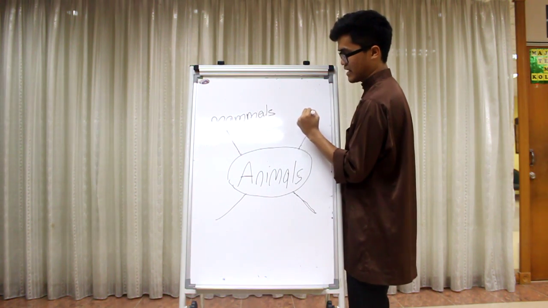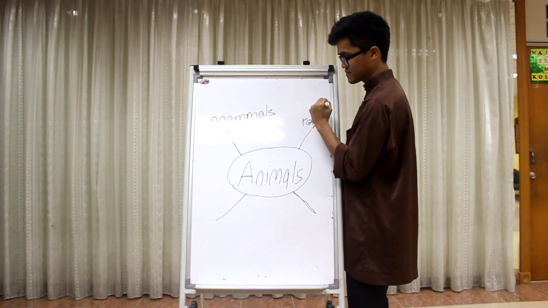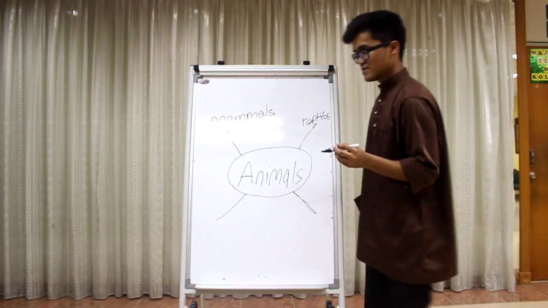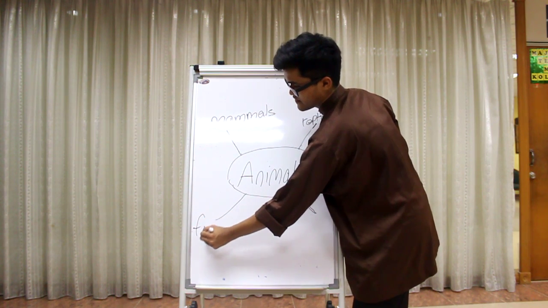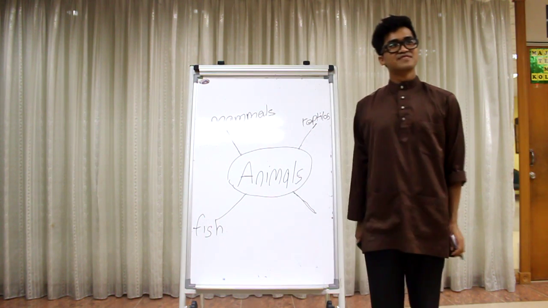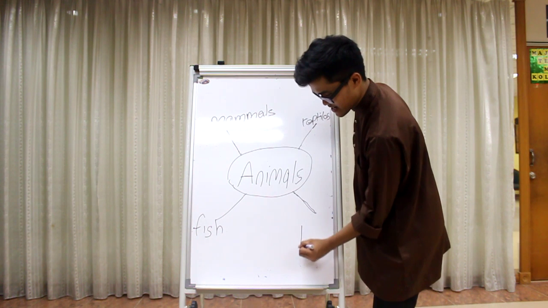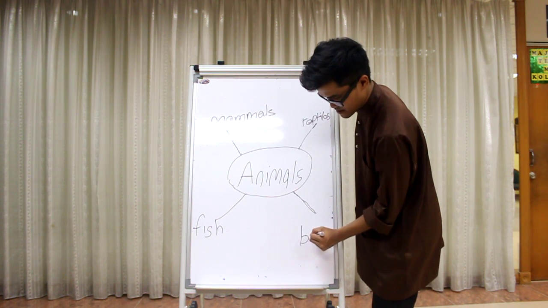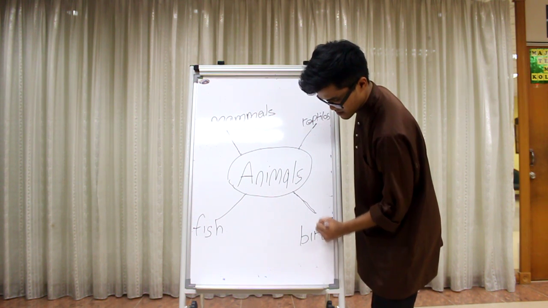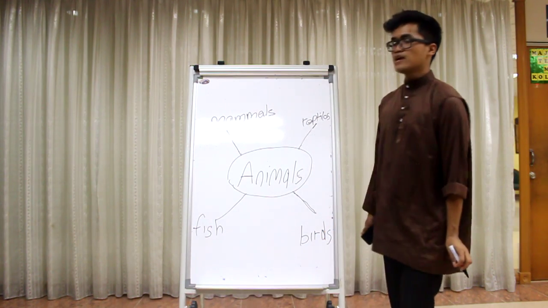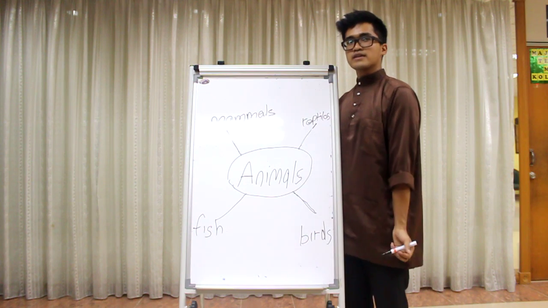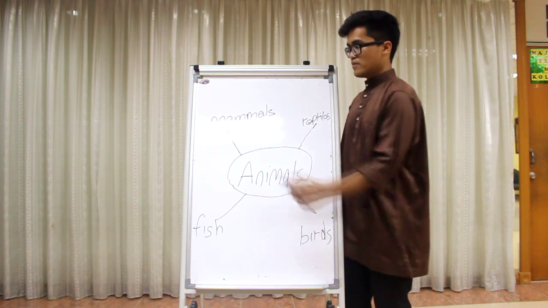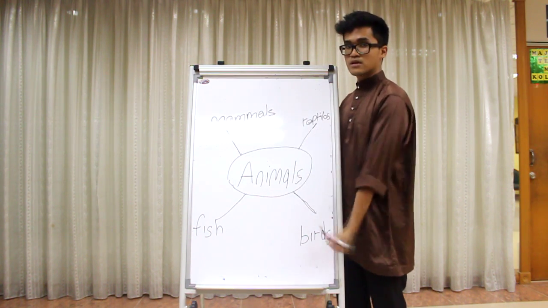Second, reptiles. Third is fish. The fourth one is birds. Now we have categorized the animals into 4 specific categories. So we already have the pointers completed.